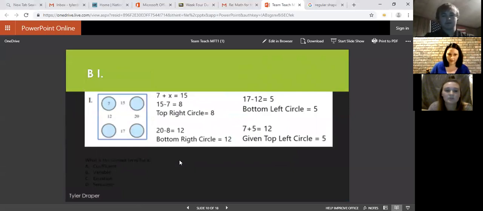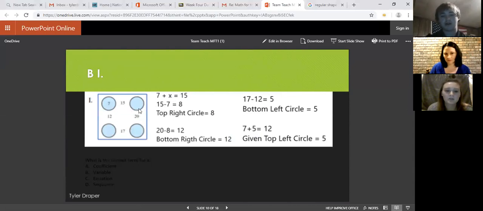All right, Tyler, what is the correct term for x? Okay, so we see in this problem that we're trying to identify the numbers in each of the circles, and Sarah just did this problem. So as you can see, we need to identify what is in each square. So x in this case is a variable.